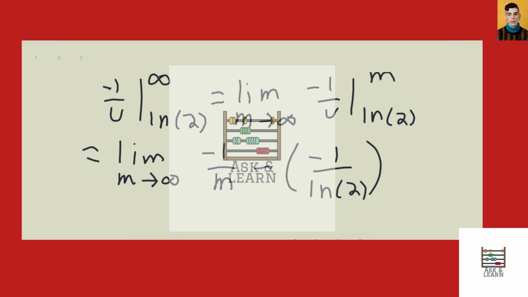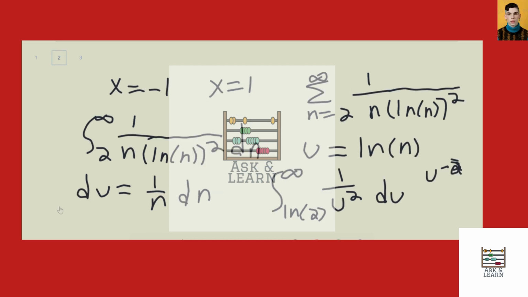This term is going to go to 0. Here we have negative, negative, so that's going to turn out to be something positive. But the important part here is that this is something that's finite. So the integral is going to converge. So by the integral test, we get that the sum that we were considering is also going to converge.